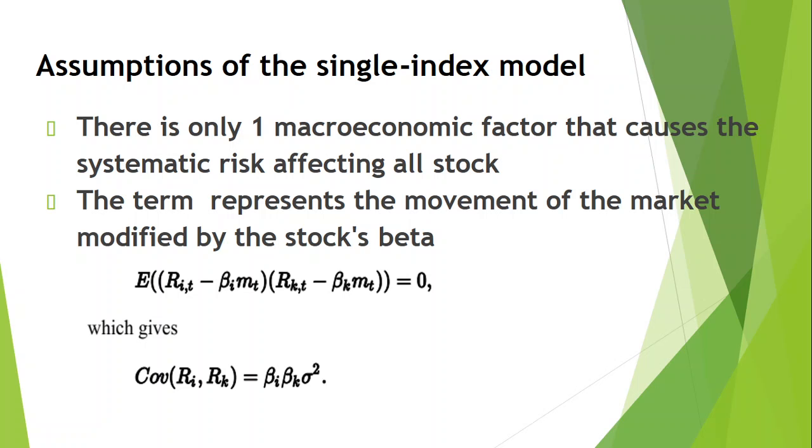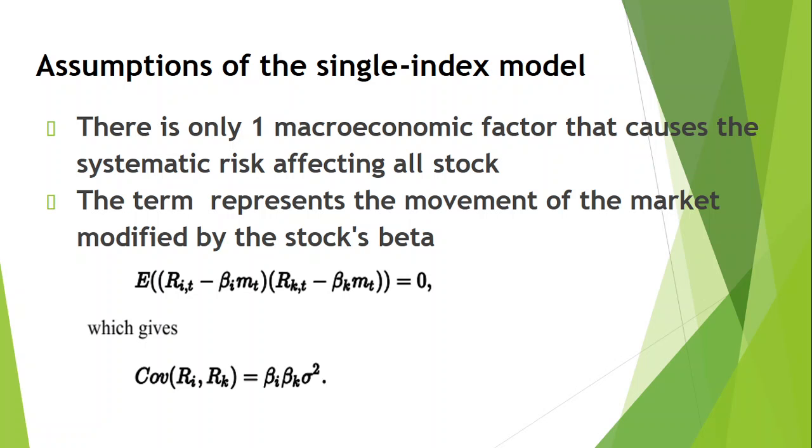The return BI into RM minus RF represents the movement of the market modified by the stock's beta, while EIT represents the unsystematic risk of the security due to firm-specific factors.